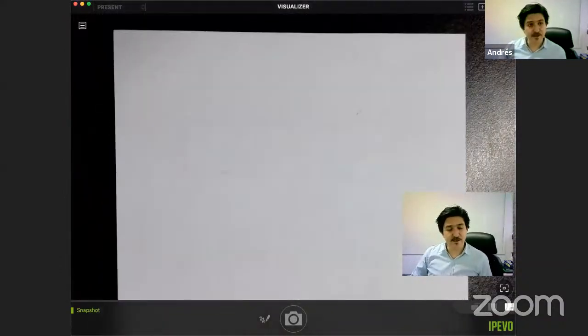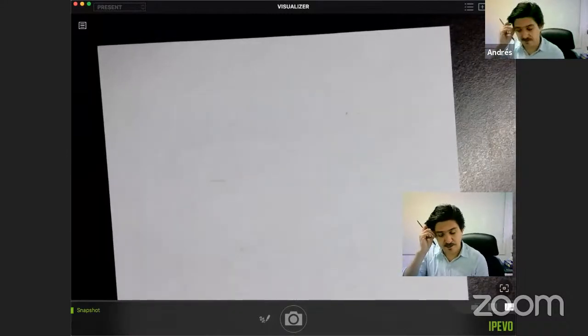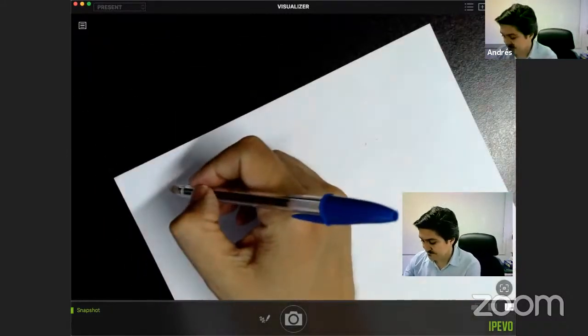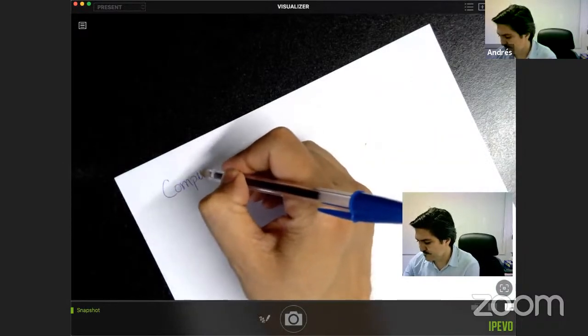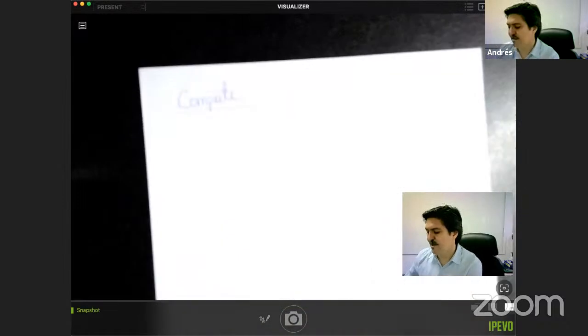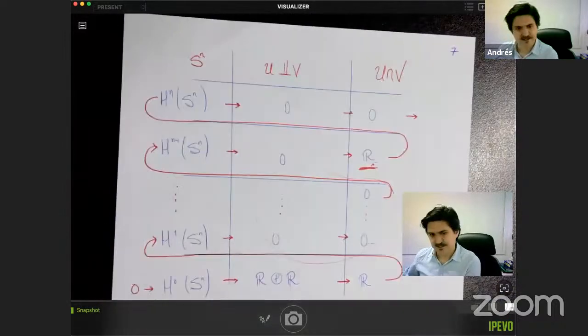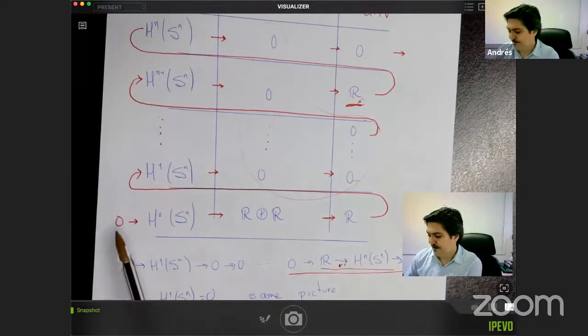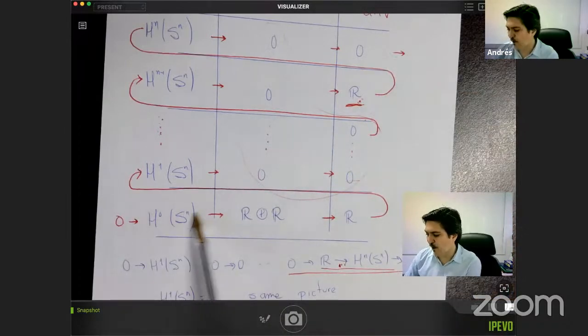The next example, we will do it tomorrow. Let me just make you wonder a few things. Because I showed you how to simplify the long exact sequence in order to avoid this.